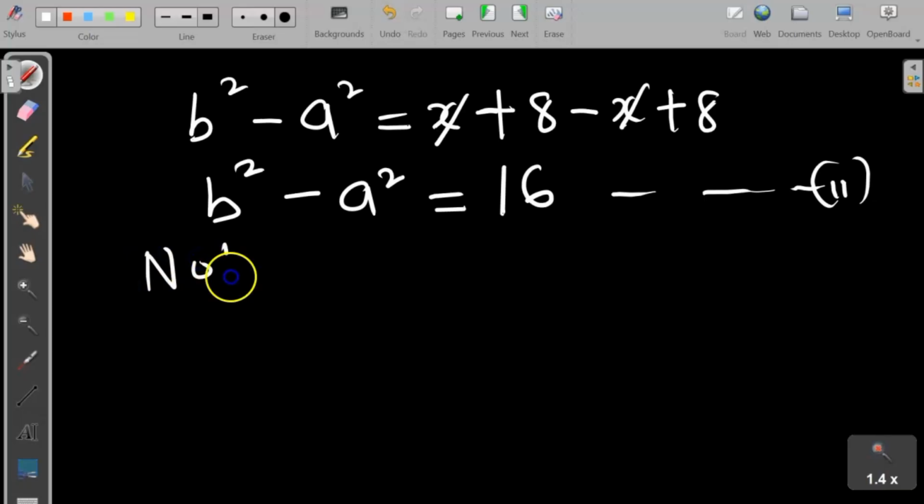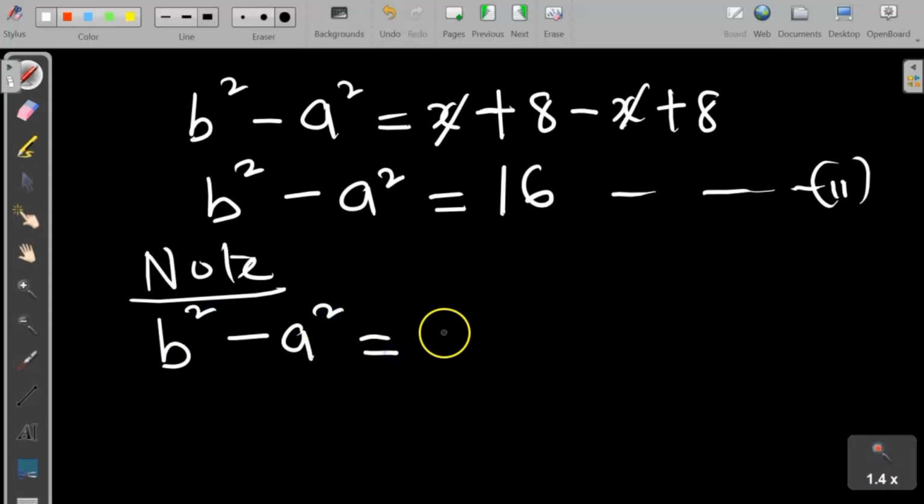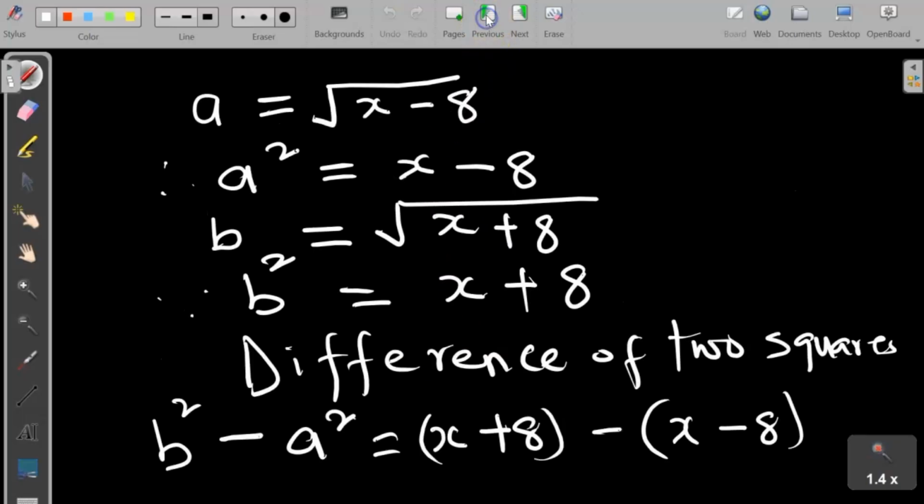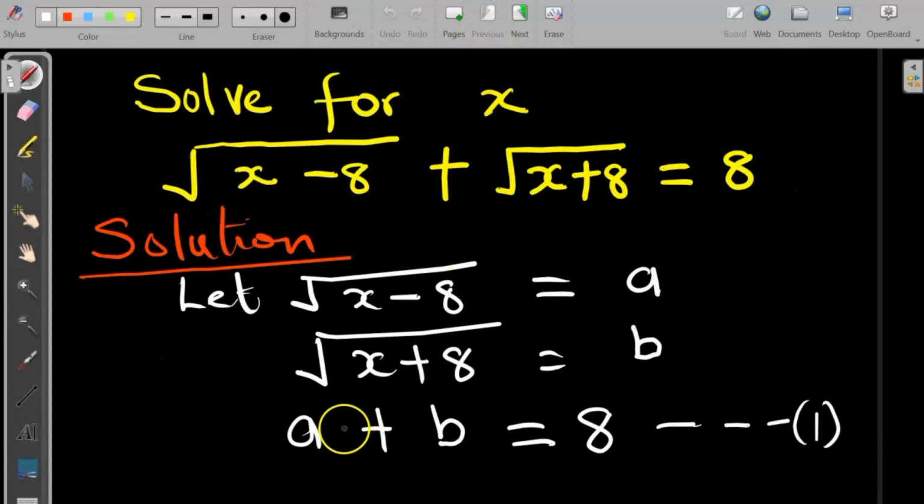Note, b squared minus a squared can be written as b plus a, then b minus a. If we go back, a plus b is 8.